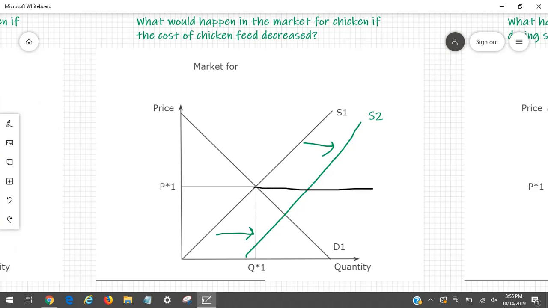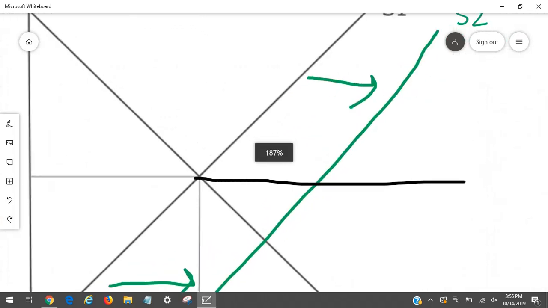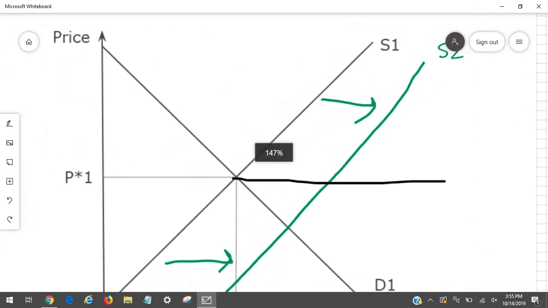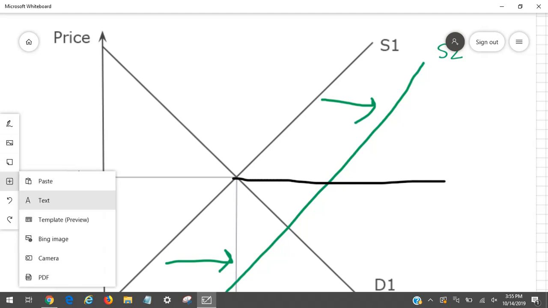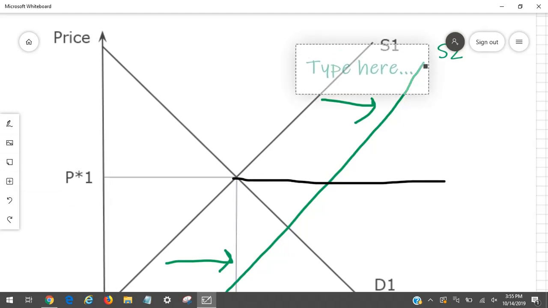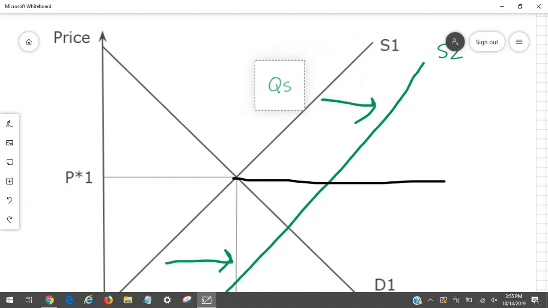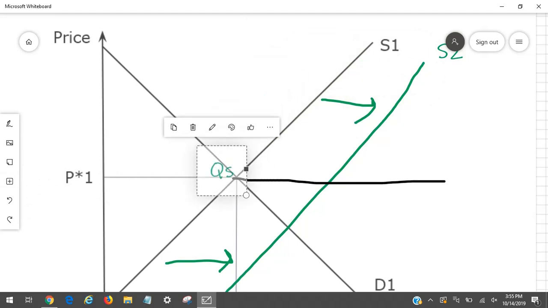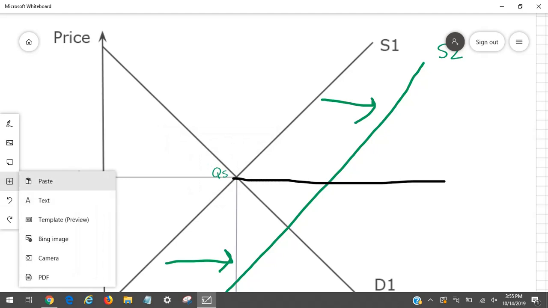And then I'm going to zoom in a little bit so I can label my QS and my QD. All right, so remember, before the chicken feed variable changed, we were in equilibrium. We were at this original equilibrium point where QS and QD were equal. Everything was perfect in this market.